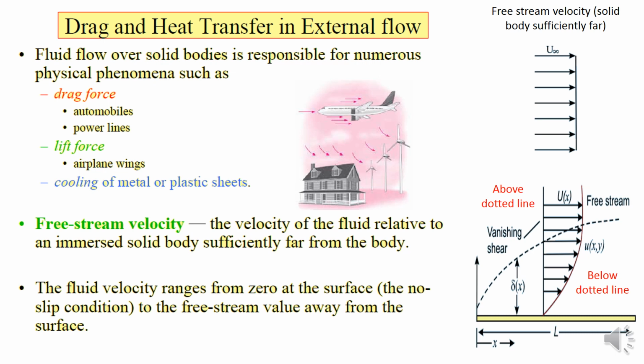I put it here as below the dotted line and above the dotted line for your reference. Below the dotted line, the velocity varies from 0 to a certain value, whereas above the dotted line, the velocity is equal to the free stream velocity, and it is called the free stream velocity.